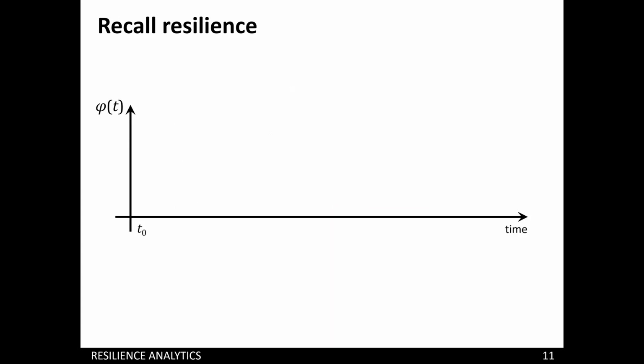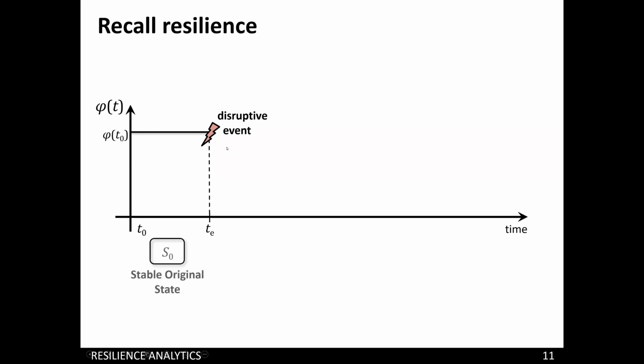And so you remember the old resilience figure that we talked about before. Let's talk about it briefly again. So we've got some performance measure, phi, that describes a process or system or a community or whatever it might be over time. Okay. And we see that it's operating at some baseline level until some disruptive event occurs. And then that performance degrades in some way.